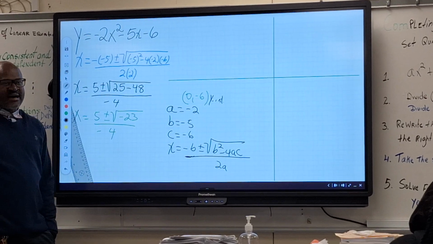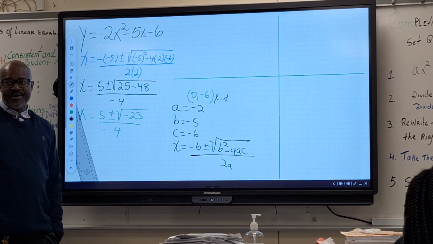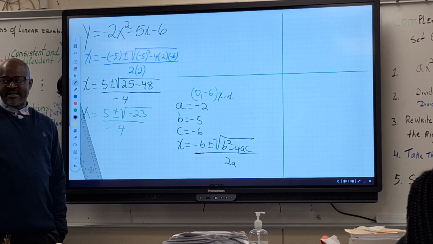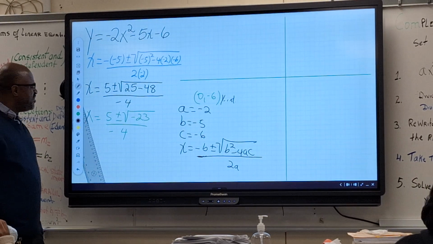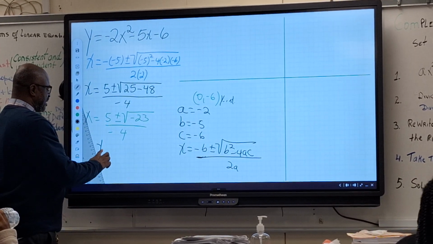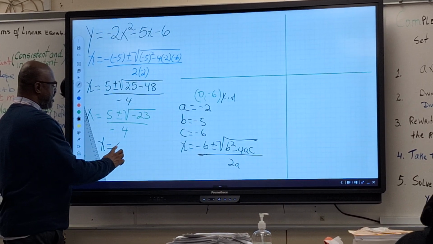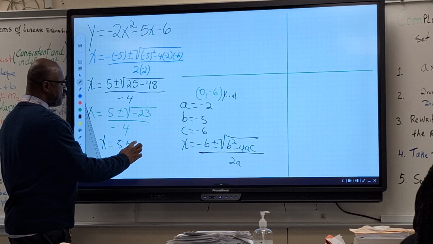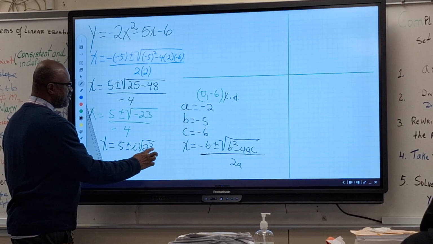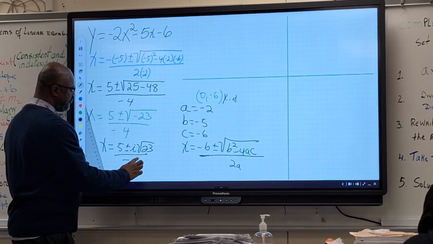That indicates that I will have an imaginary number. Then there would be no x-intercept, but it still can be solved. It's what we call a complex number. That will be 5 plus or minus, negative 1 is i, so i root of 23 over negative 4.